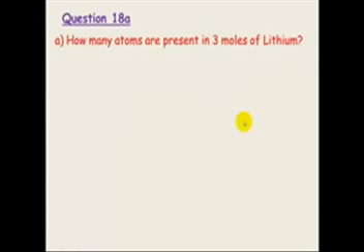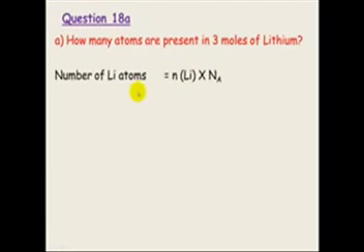Question 18A in your booklet. How many atoms are present in 3 moles of lithium? So, each mole of lithium has to contain 6.02 by 10 to the 23rd atoms of lithium. So, number of lithium atoms equals number of mole of lithium times Avogadro's constant, which is 3 times 6.02 by 10 to the 23rd.